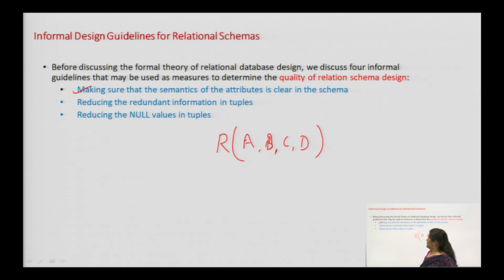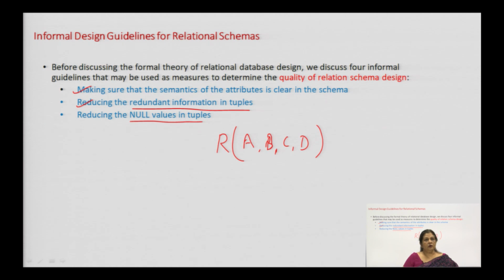The second important requirement is reducing the redundancy of information in the tuples. That is, there should be minimum redundancy in the tuples. Obviously, we may not be able to achieve zero redundancy, but it should be the minimum possible. And also, it is important to have the minimum null values in the tuples.